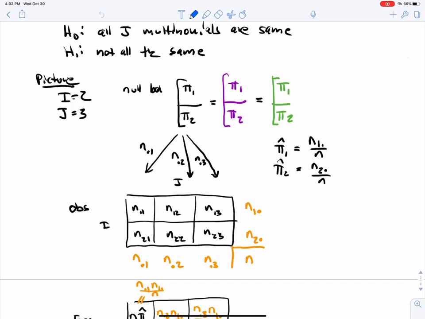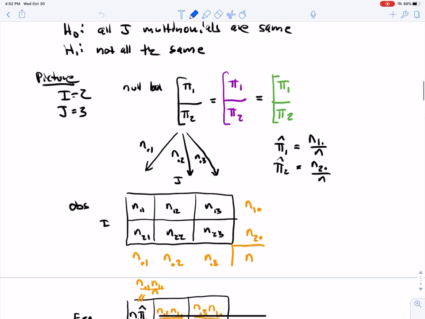So what we're going to do is add up all of the counts for N11, N12, N13, call that N1 dot, and divide that by the total count. So that's our estimator.